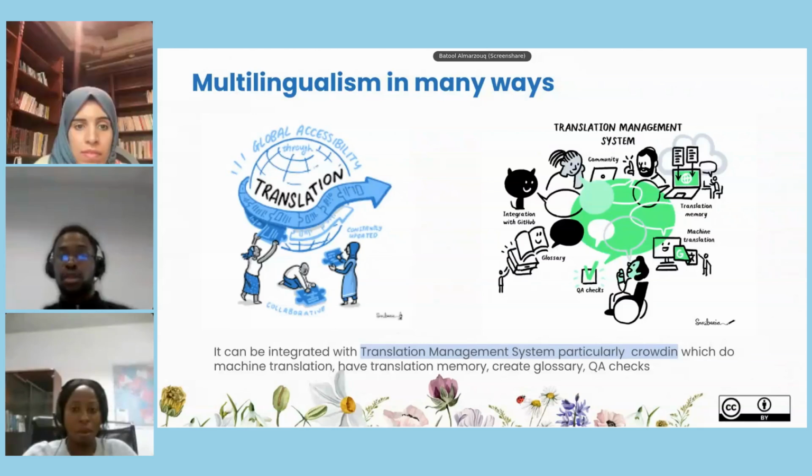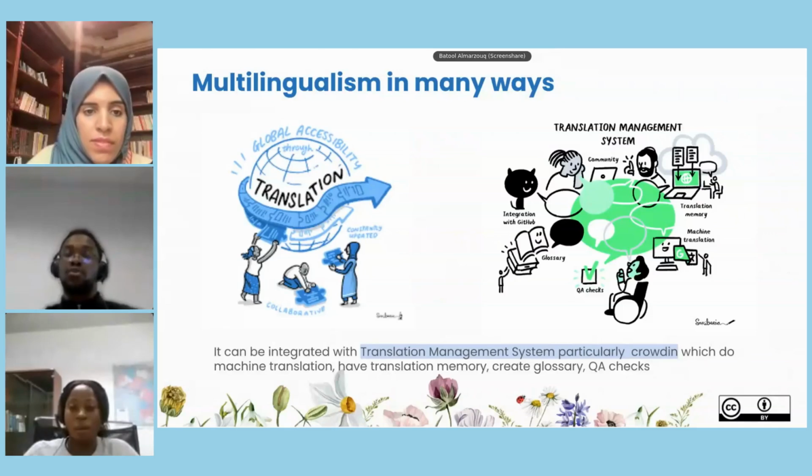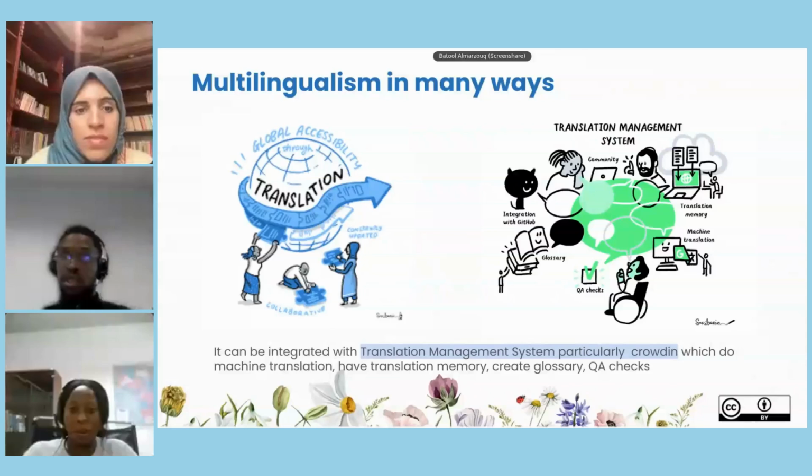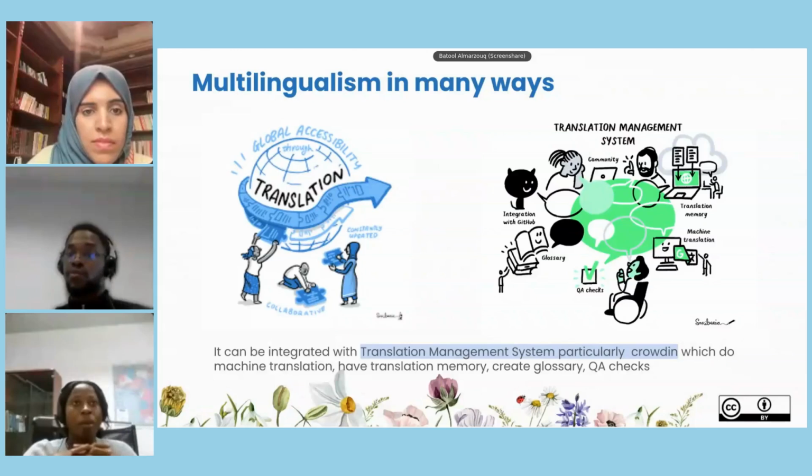Translation memory is where other translators might have translated this particular text in other projects, and you can just import or reference these translations. Also, on Crowdin's end, they prioritize manual translations from translators. So even if we are seeing translations from Google Translate and the rest being imported in your project, you also have the liberty to manually correct, edit, and modify these translations before they are imported in your project.